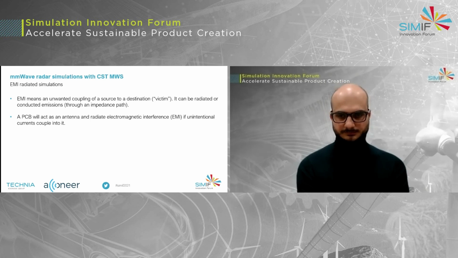So we need to check that the product is not violating any regulatory thresholds. EMI usually happens when there is an unwanted coupling from a source to a destination. This could be in the shape of radiated or conducted emissions.